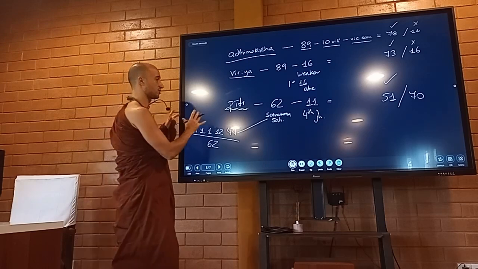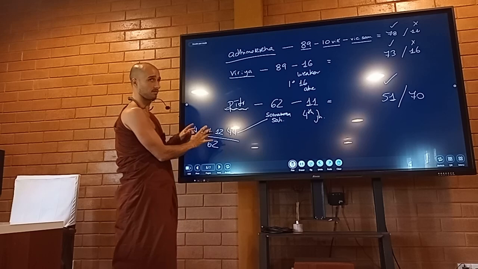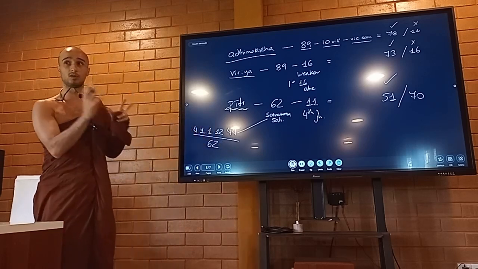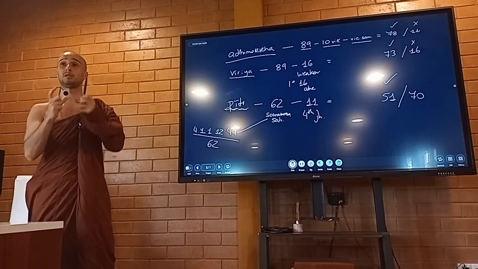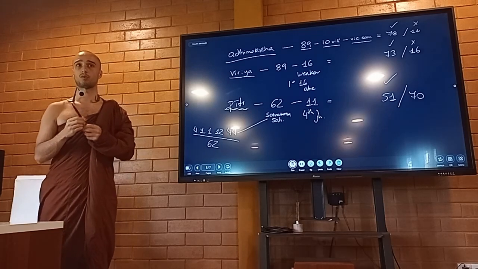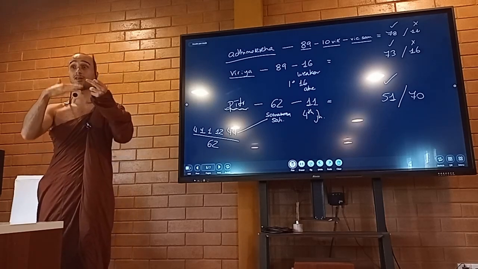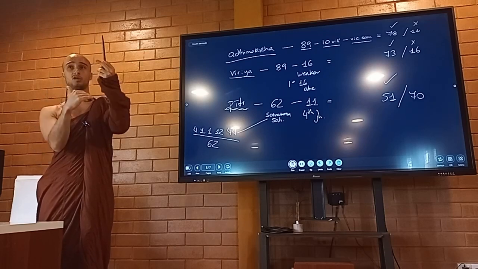Yes. So these are Somanasa Sahagata, and so Piti is with them. Almost in all of them, only the 4th jhana doesn't have Piti. Because Piti is grosser. Remember, when we are developing jhana, we refine the mind by removing the gross factor, the gross cetasika.